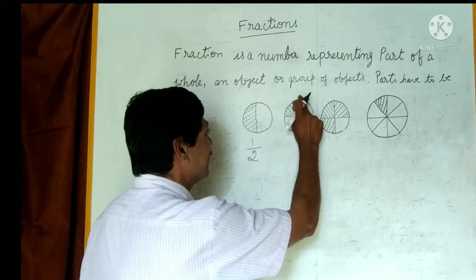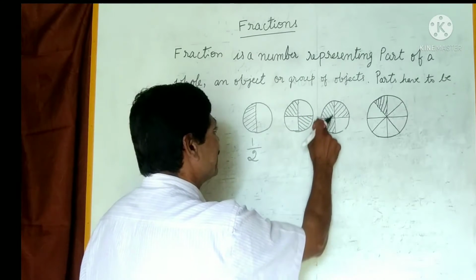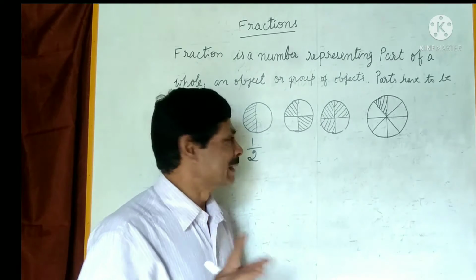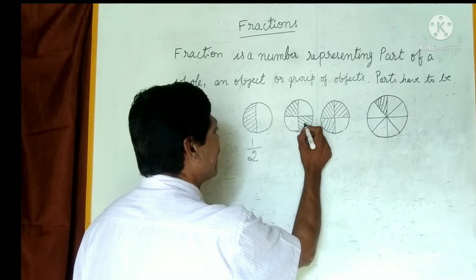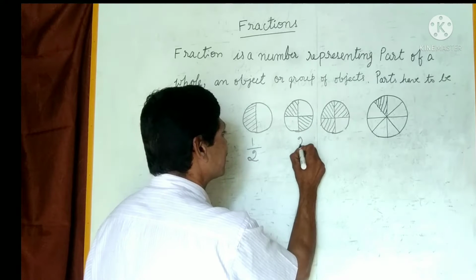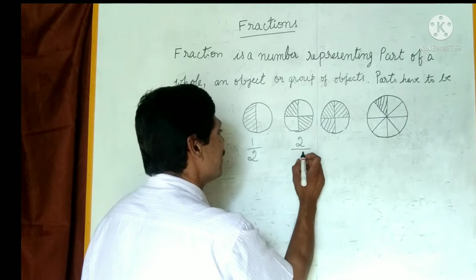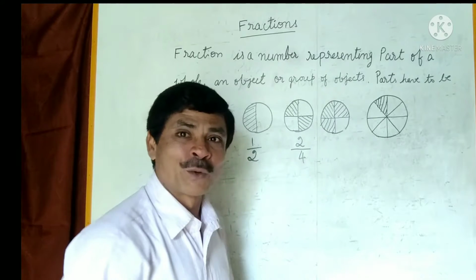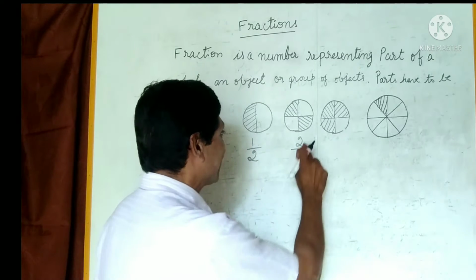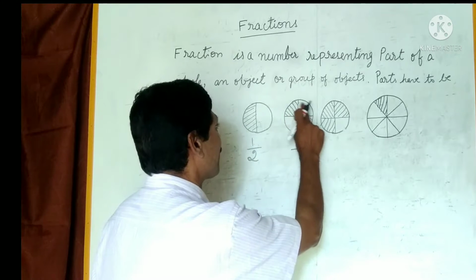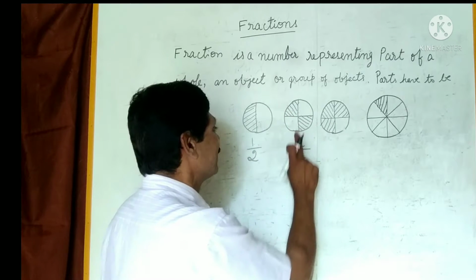Another example: we will take the same bread, we have made 4 equal parts, and we have taken out 2 parts out of a total of 1, 2, 3, 4 parts, and we can write it as 2 divided by 4. Out of 4 parts, we have taken out 2 parts.